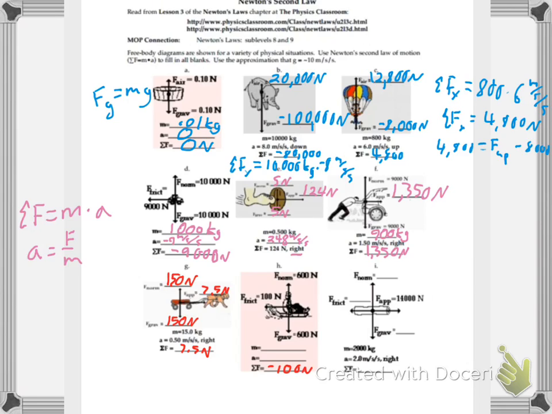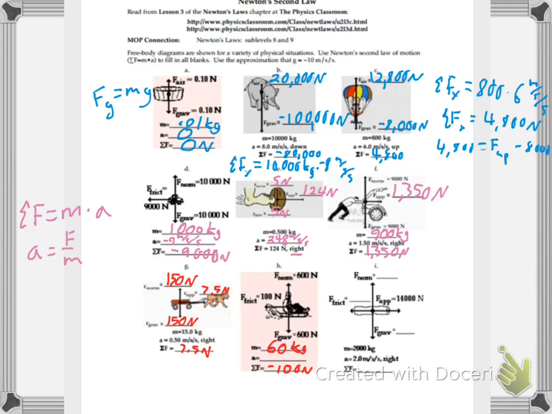To find the mass, we're given our force due to gravity of 600 newtons. We want to divide that by the gravitational field strength of 10 newtons per kilogram, and we will get a mass of 60 kilograms.